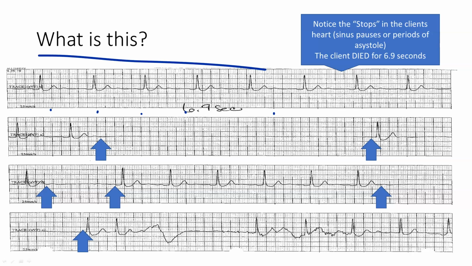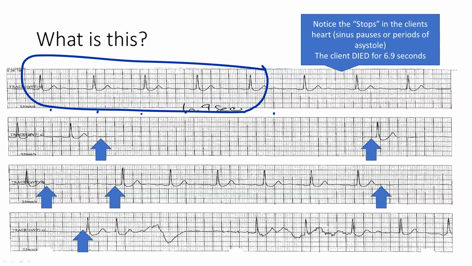So my heart rate is roughly 55, 58-ish, somewhere in there. We probably are able to maintain cardiac output at that level.